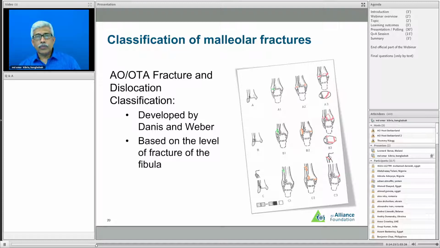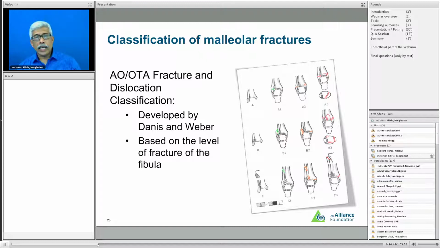As you know, the tibia is known as AO 4, and the malleolus is also known as 44. After that, they have reclassified. The further classification has been made depending on the fibular level of fracture, whether it is at the level of the syndesmosis, below or above.